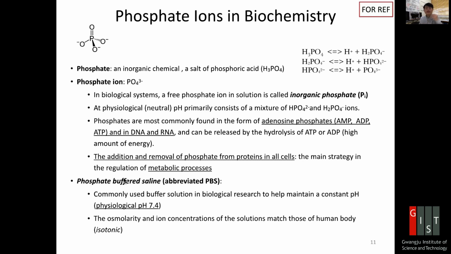This buffer keeps the pH neutral, usually 7.4 in the body. PBS is a commonly used buffer solution in biological research to help maintain constant pH and preserve the physiology of the cells or tissues of the sample. The osmolarity and ion concentration of the solution match those of the human body, and we call this isotonic.